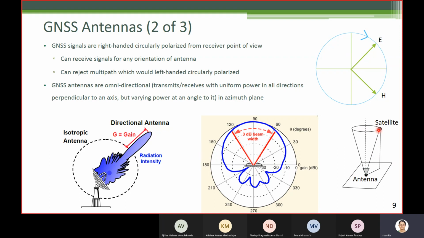So keeping the elevation constant, if you vary azimuth, the antenna does not apply different gain. It will receive power uniformly. But keeping azimuth constant, if you vary elevation, then it will not do the same.